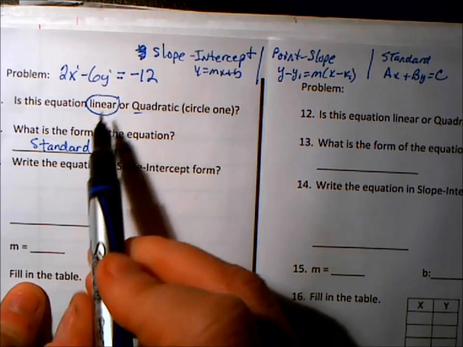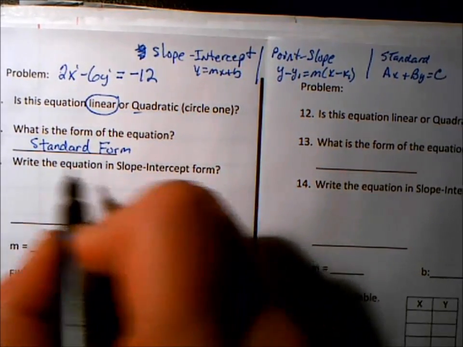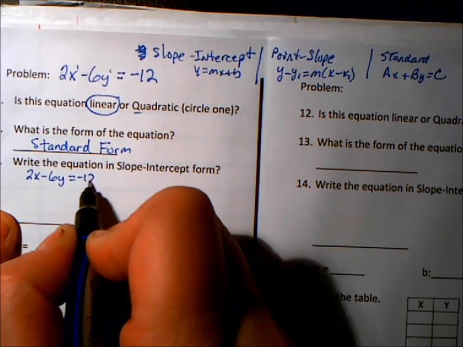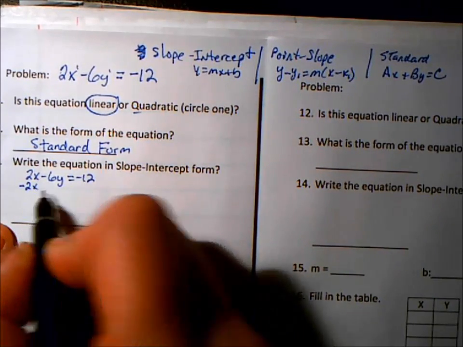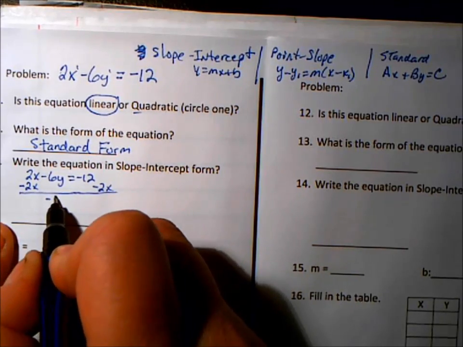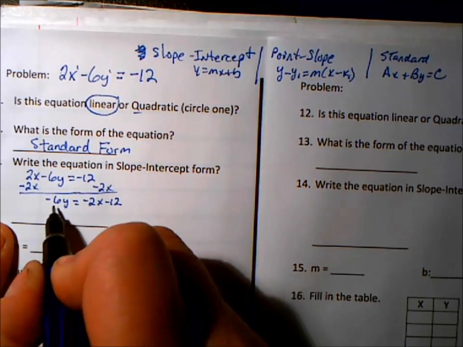Okay, they want us to rewrite this form in slope-intercept. So I'm going to take the 2x minus 6y equal to negative 12, and I want to solve it for y, which means I have to move the 2x to the other side. And that drops down 6y is equal to negative 2x minus 12.